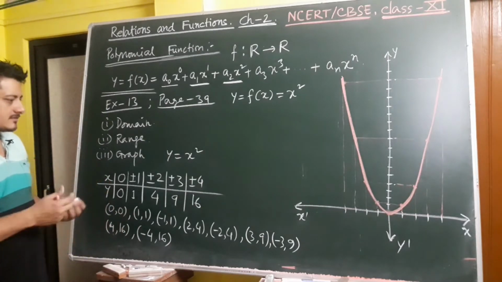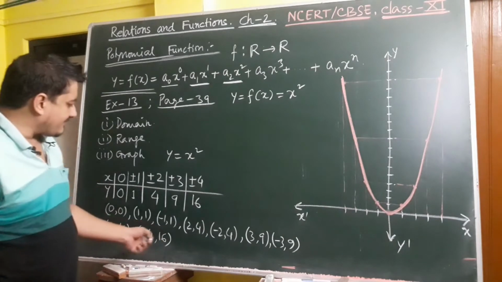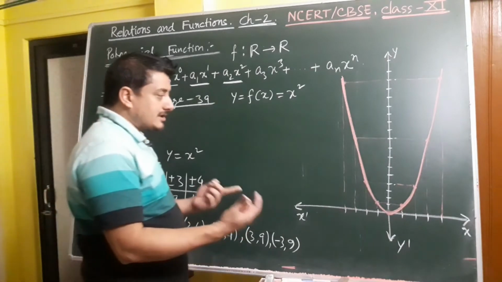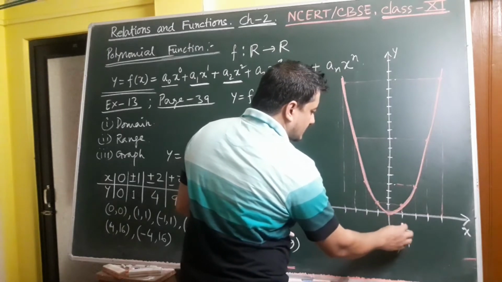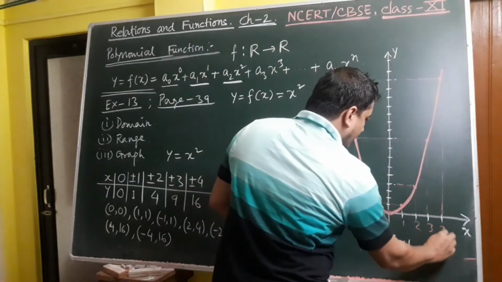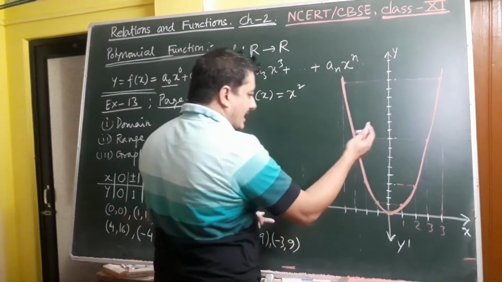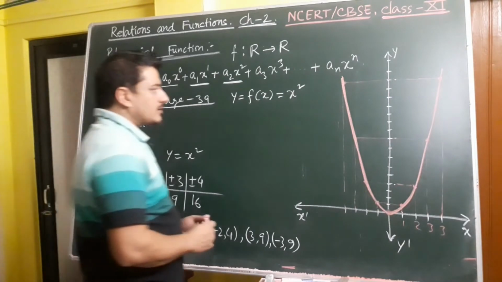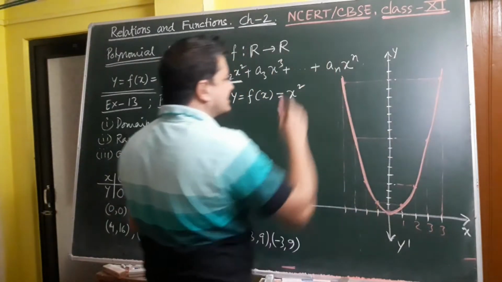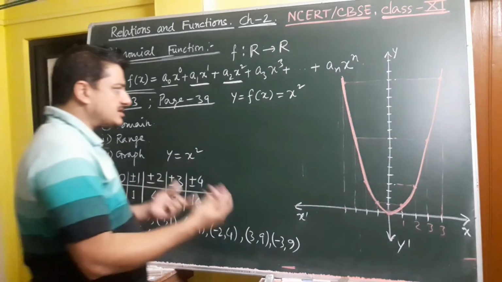That is why I have taken these many numbers. Actually you need much more, because from 0 to 1 also you need some numbers. I have not taken this for convenience. I have taken only the integer values. However, this will be the nature of the graph. This will be the shape of the graph.